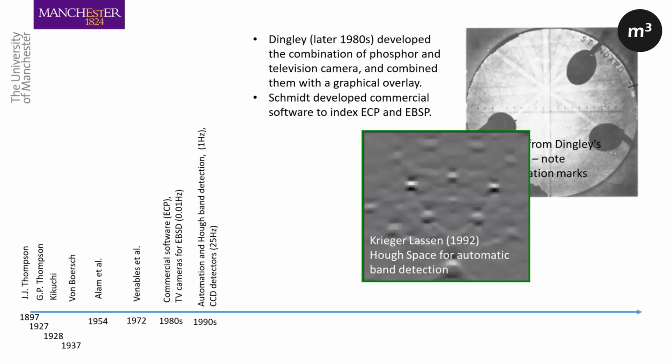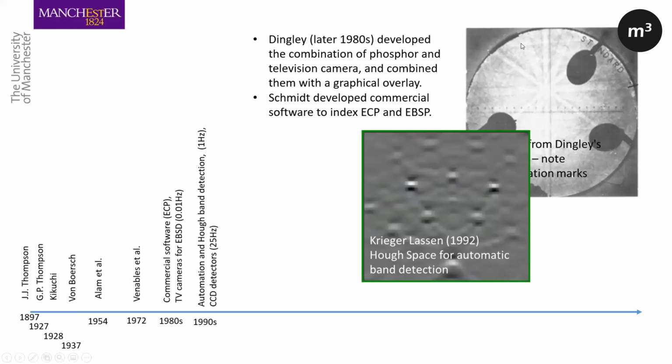And then in the 1990s, Hough band detection came about. So Krieger Lassen realized that he could convert the pattern to a different space called Hough space and convert the bands into spots. It's usually very difficult to write software to detect bands in an image, but spots, it can do that.